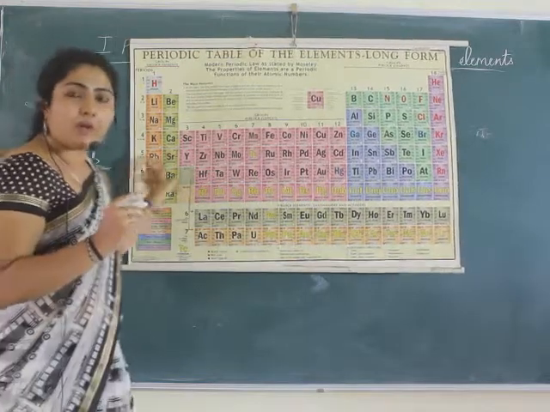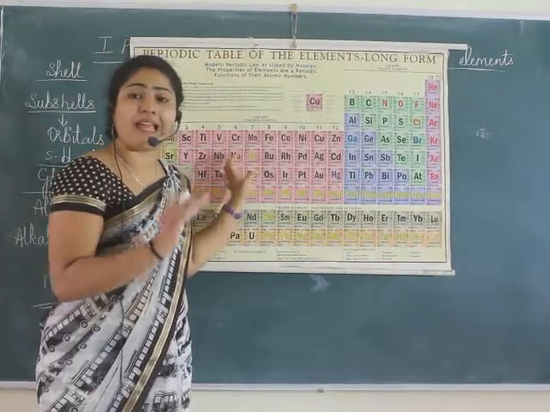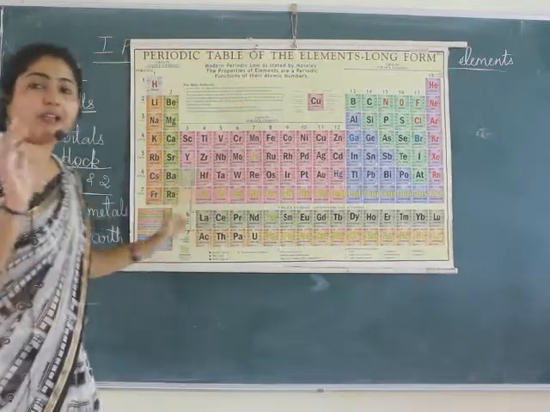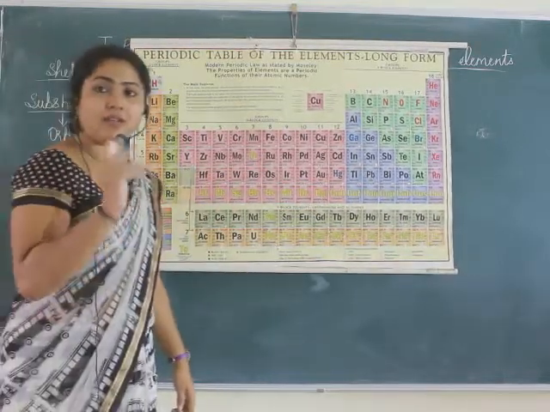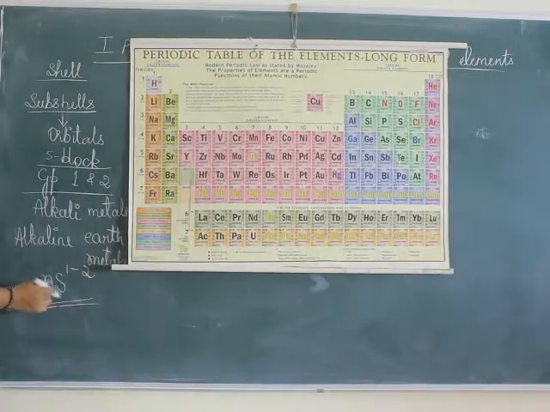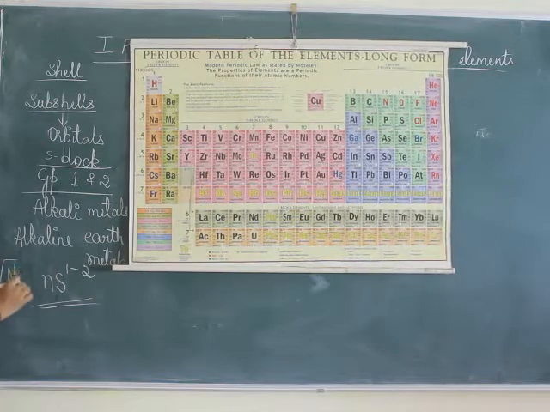Sometimes they will ask you a question: write the general electronic configuration for s block elements. When they ask the general electronic configuration, you have to mention the noble gas configuration. Along with this ns1-2, you have to mention the noble gas in a bracket.